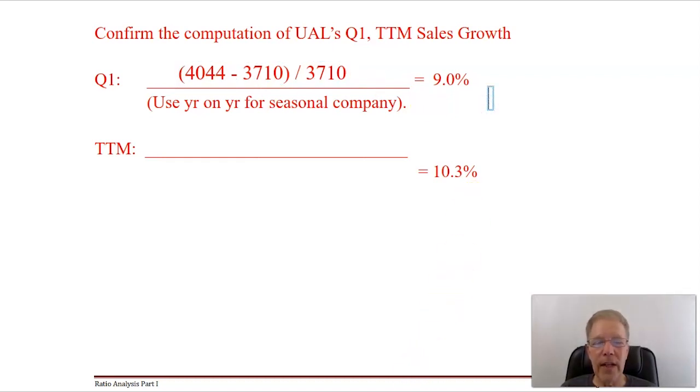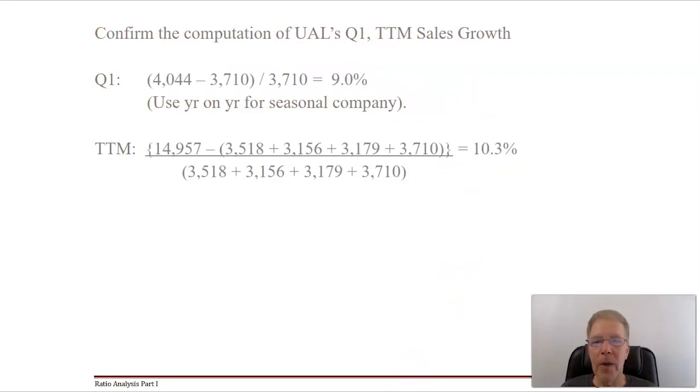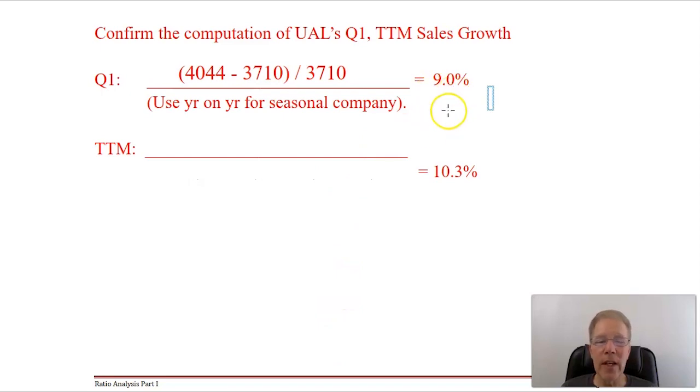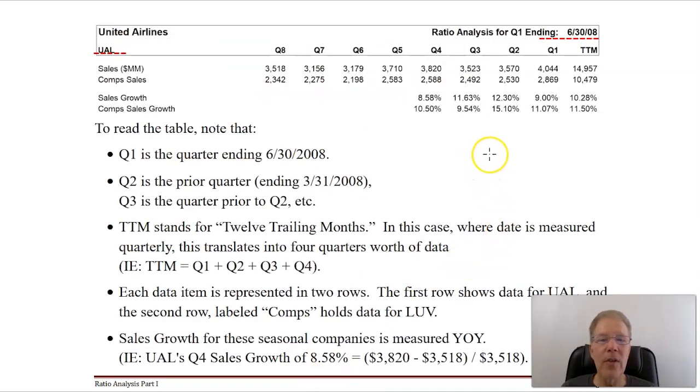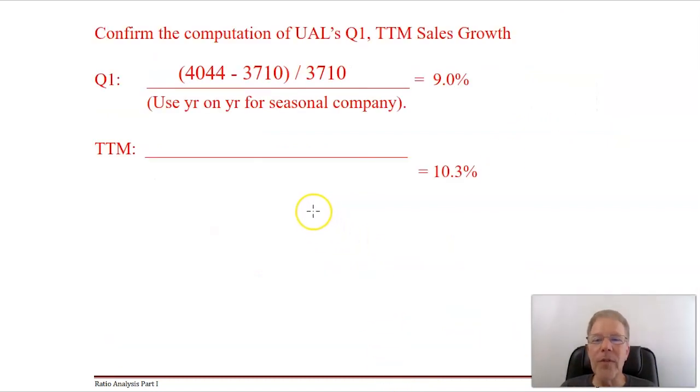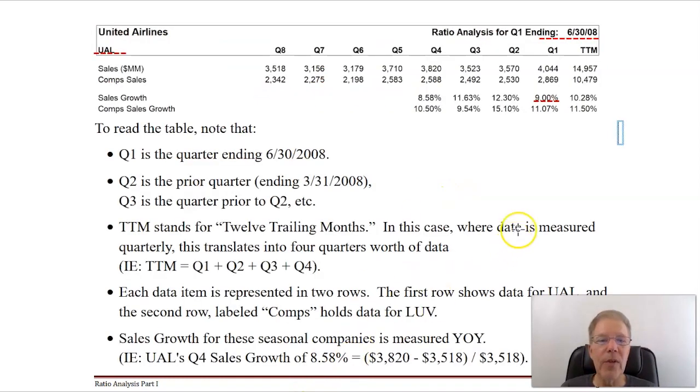You can check me on that, but I think you will agree that you'll get 9%, and you can see right here, blammo, that 9% is what's in the table. This is all done in Excel from data downloaded from FactSet and the SEC, so the numbers should be correct.